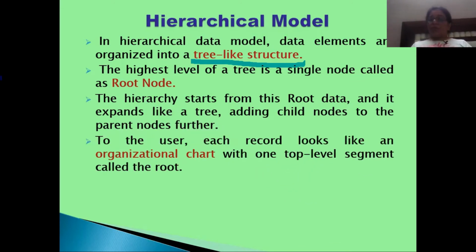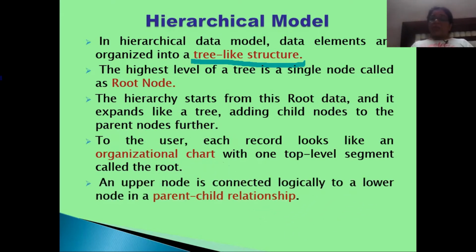To the user, each record looks like an organizational chart with a top level segment called as a root. For any particular user, पूरा का पूरा structure एक organizational chart की तरह दिखता है, जहां पर top level पर जो एक node है, that is called as a root node, and the upper node is connected logically to the lower node in a parent-child relationship.